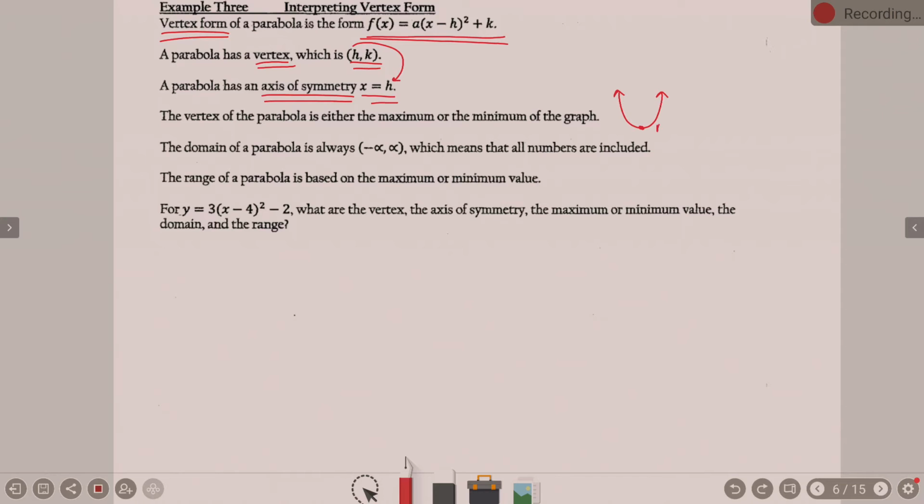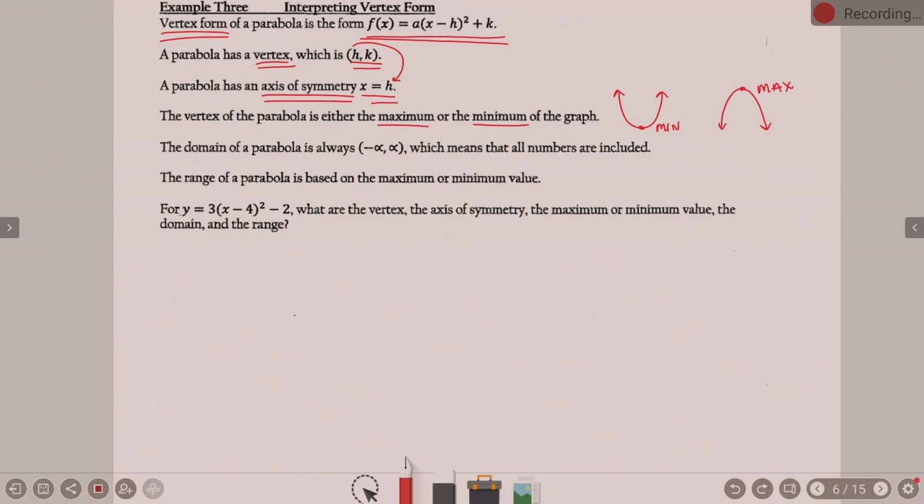So if you have a right side up parabola, your vertex represents a minimum. As opposed to an upside down parabola, where our vertex is at the top, and so it is a maximum. So we're going to be able to tell whether the vertex is a maximum or minimum. And this is all leading down to what we're going to do next.